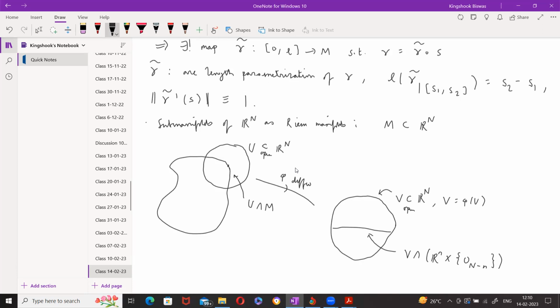Is this clear? So this is a linear subspace of R capital N. So this is equal to phi of U intersect M.